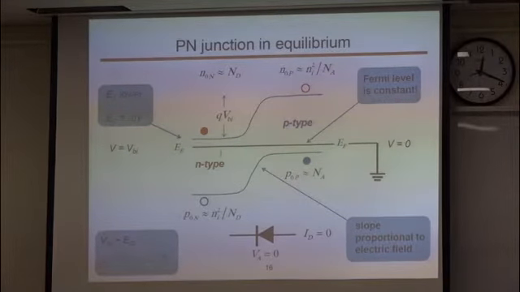So once N-type, the excess electron, since the number of electrons in N-type is higher than that of P-type, and thereby electrons have to be diffused to the P-type.